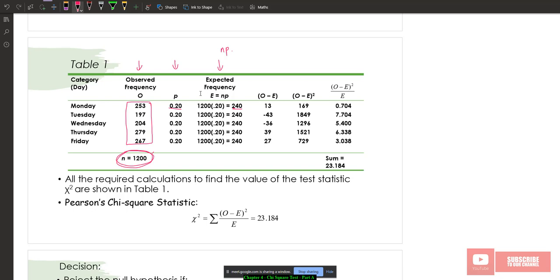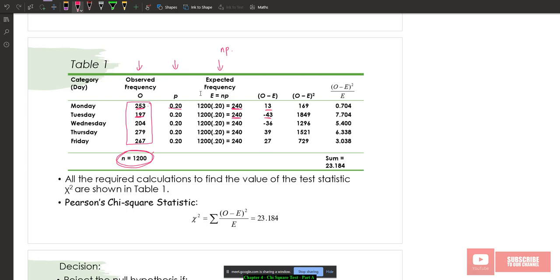Then we are going to take the difference of observed frequency minus expected value. So 253 minus 240, you get 13. 197 minus 240, you get negative 43. So this is the difference of observed frequency and expected frequency.